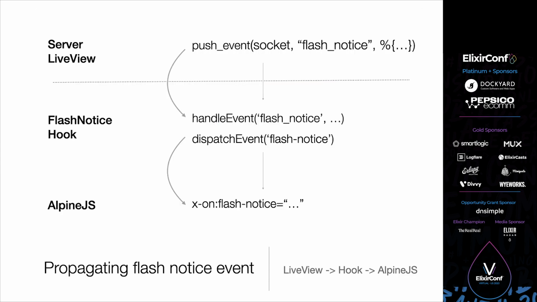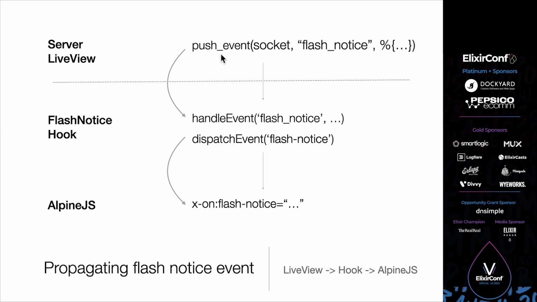To kick off the flash notice, we are going to push an event from the server to the client. This is a new feature in 0.14. It was originally created to push large sets of data, like map data, to the client without having to attach it to the DOM. But it works great for one-shot events like this.